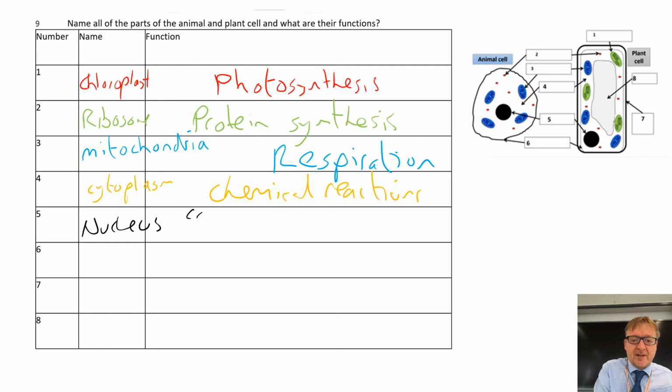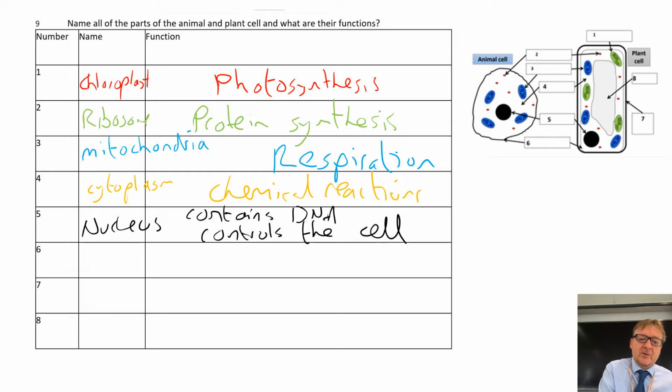That contains DNA, and it kind of controls the functions of the cell. Number 6, the line all the way around the outside, we will call the cell membrane, and that controls what goes in and out of a cell.